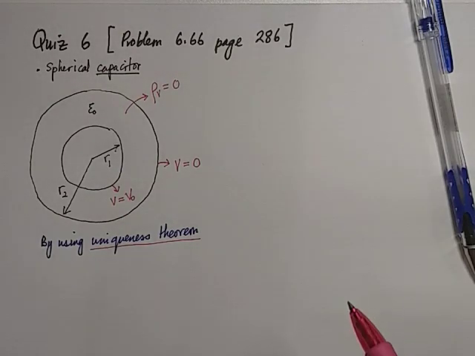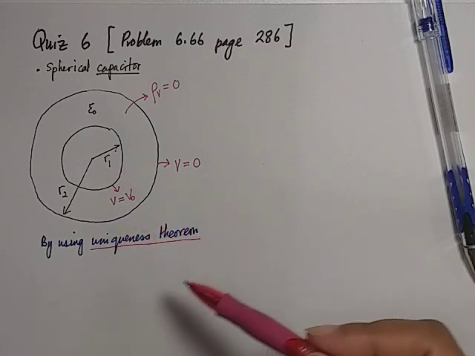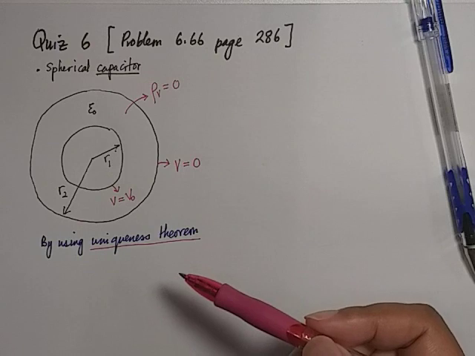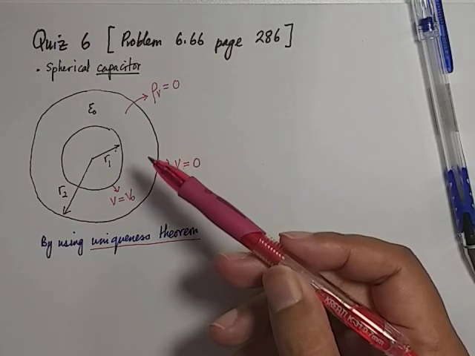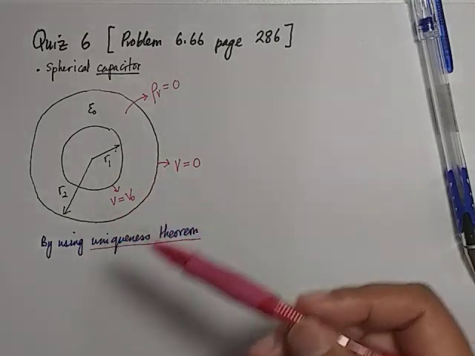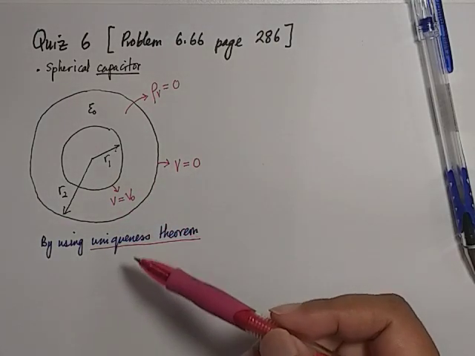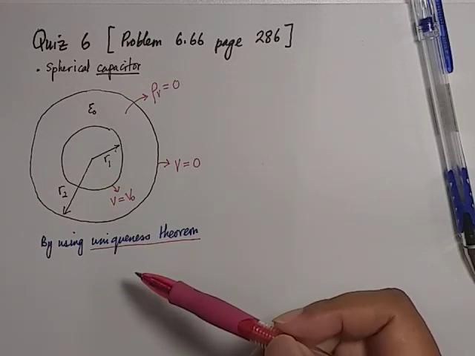This assumption is created in order to agree with the definition of the Uniqueness Theorem. First, we define the region, and then we define the boundary. Because I want to fulfill the requirement of the question, we need to solve this problem using the Uniqueness Theorem.